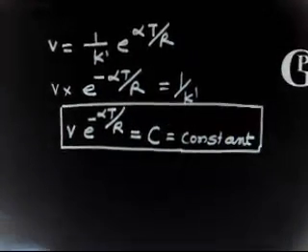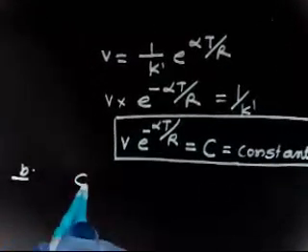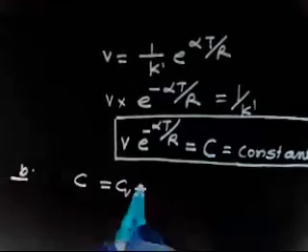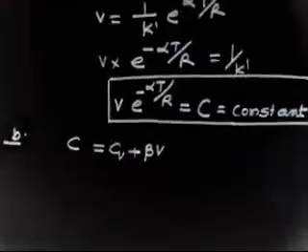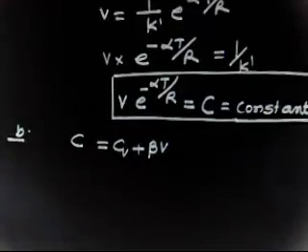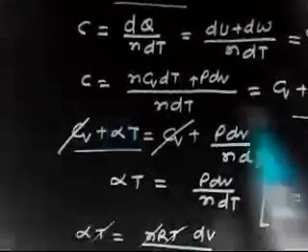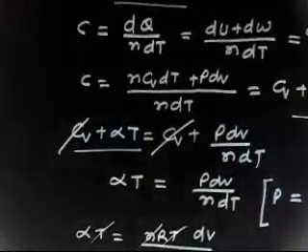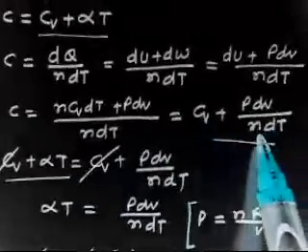So part B of the question says, now this time the equation of process is C given by Cv plus beta times V. Now again I will equate with C. In the first part I have already calculated the expression for C. You see here, I have the expression for C is Cv plus PdV by n dt. Are you getting? C is equal to Cv plus PdV divided by n dt.